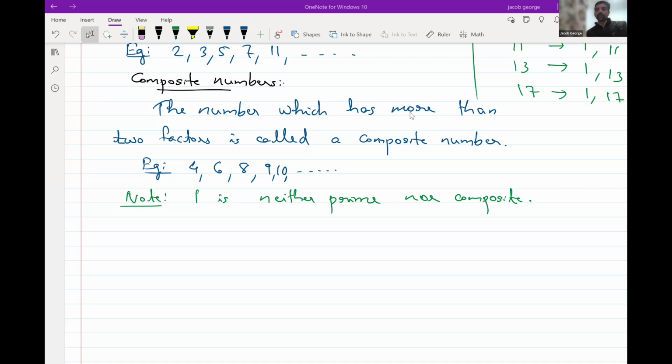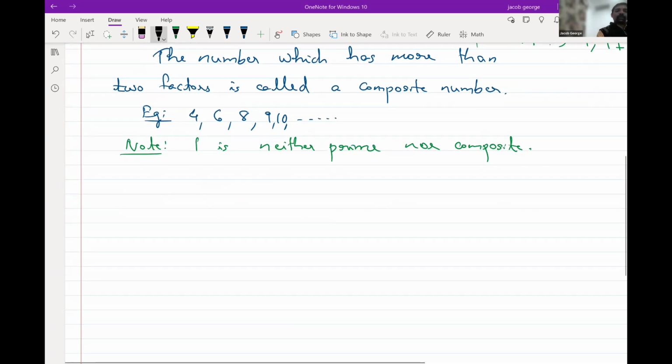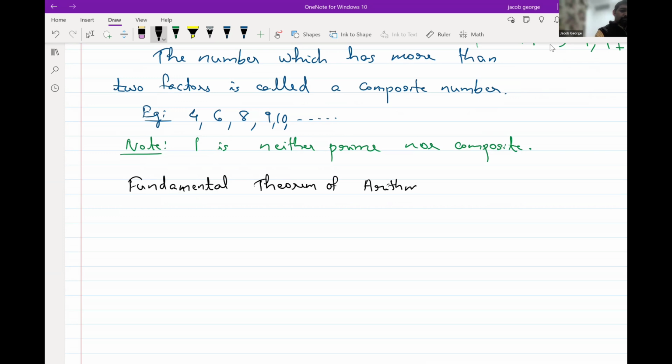Next is the fundamental theorem of arithmetic. Next subheading: fundamental theorem of arithmetic.